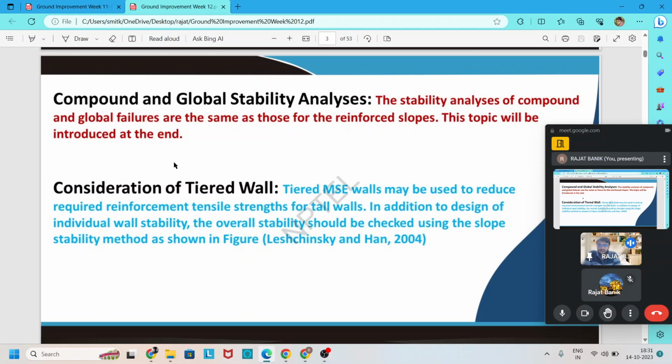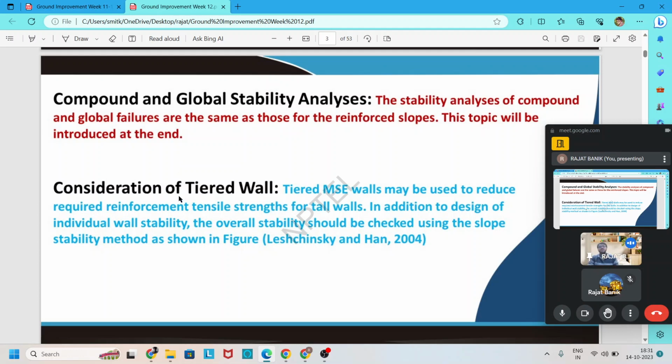Then the consideration of the tiered wall. The tiered mechanically stabilized wall may be used to reduce the required reinforcement tensile strength for tall walls. In addition to the design of the individual wall stability, the overall stability should be checked using the slope stability method as shown in the figure.